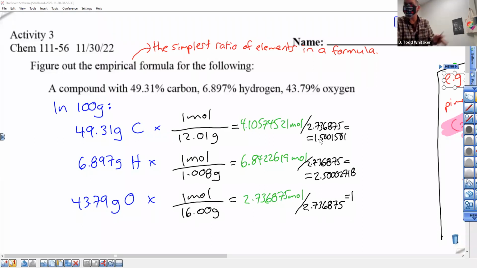While we're here, these are the most common endings on these numbers, right after the decimal. If it was a 0.25 there instead of a 0.5, what would you multiply by? 4, because 0.25 is a quarter. If it was a 0.3333, you multiply by 3. And 0.6666 also multiplied by 3.